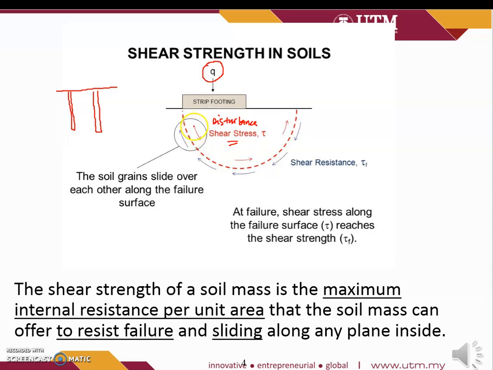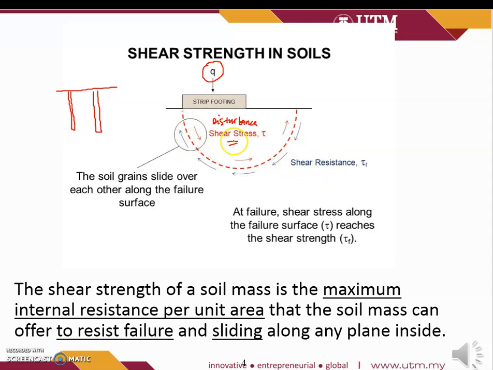So we can see the scenario at the failure line: the disturbing shear stress tries to put more stress on the soil, and at the bottom side of the failure line, the resisting force tries to overcome the loading.